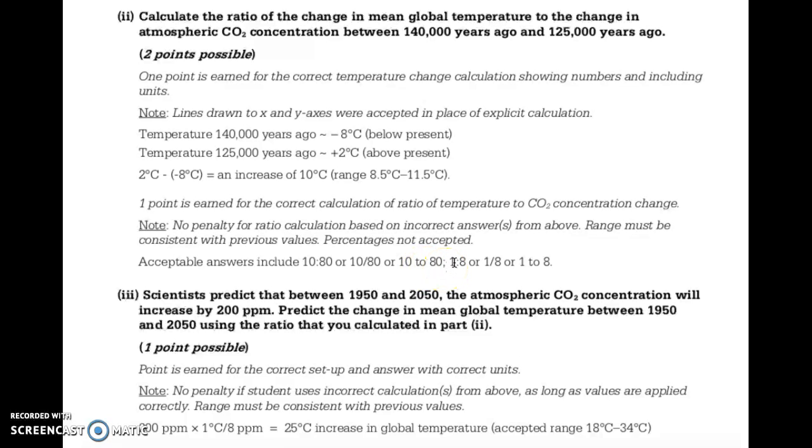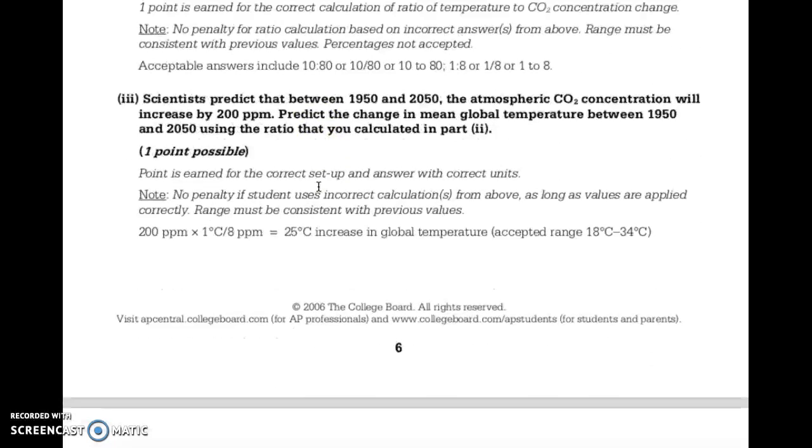Or if you had numbers like 10 and 80 or 12 and 80 and you simplified it, that's also acceptable. So 2 total points for this. Make sure you're writing out to the side of your answer how many points you got out of 2 so that you know for later.